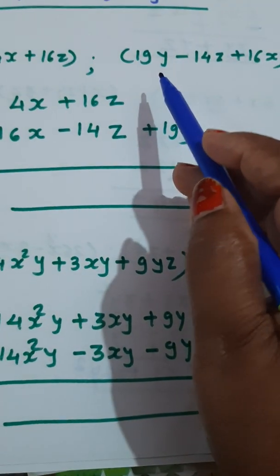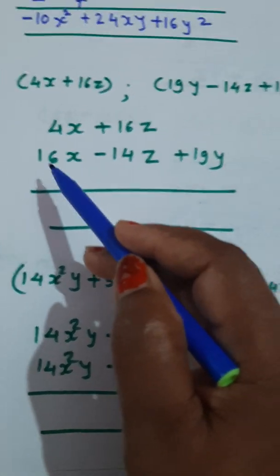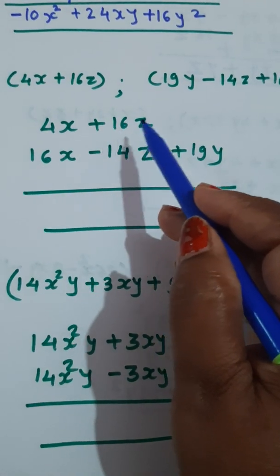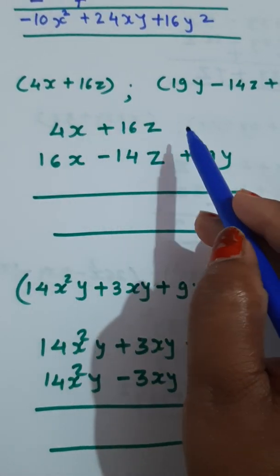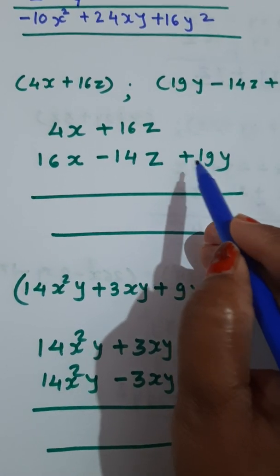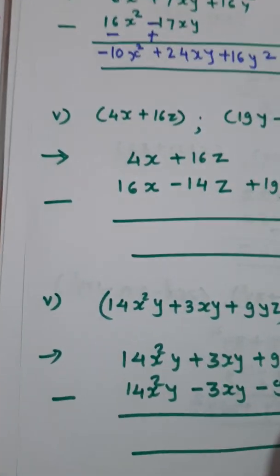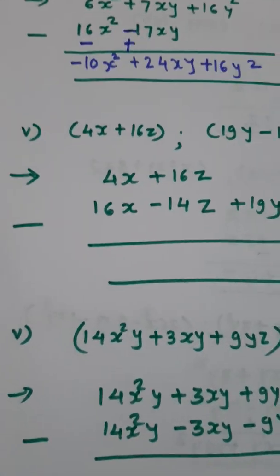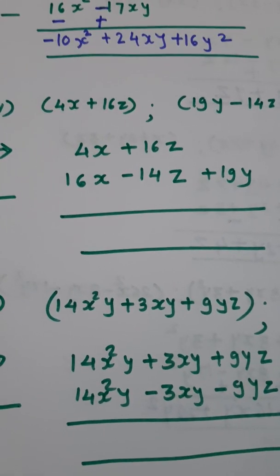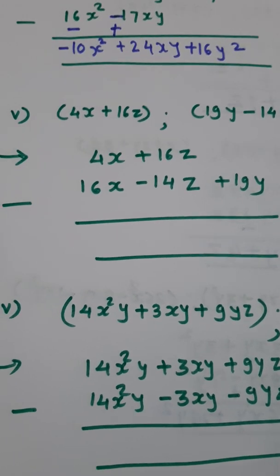Now how to arrange? This 16x will come downside of 4x, minus 14z will come downside of 16z, and in the first expression y's term is not there, so write plus 19y downside next to negative 14z. Now according to our rule of subtraction, change sign of every term of the second algebraic expression.